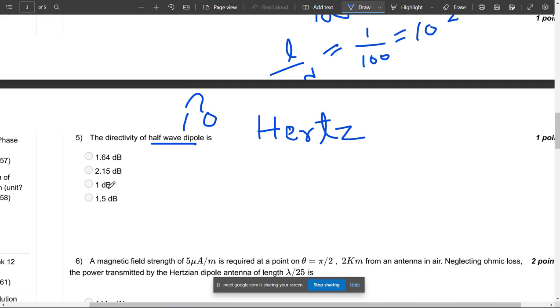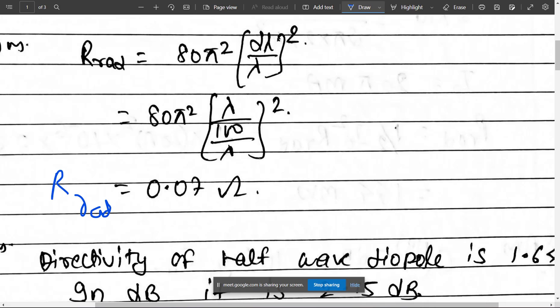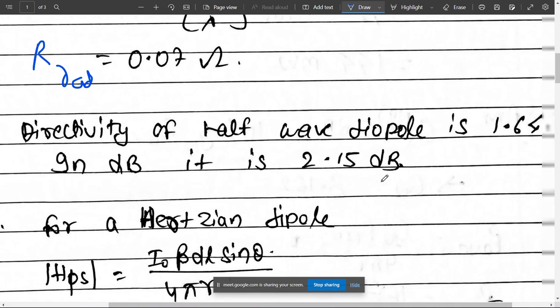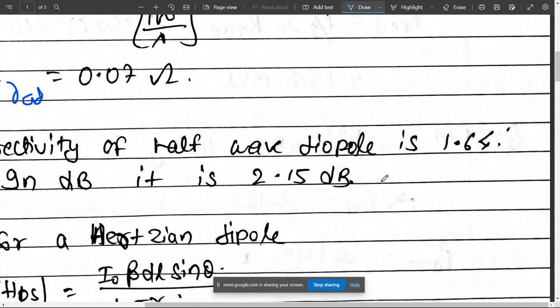Okay. Now let's go. So the directivity of half wave dipole is 1.64. But this 1.64 is in absolute terms.